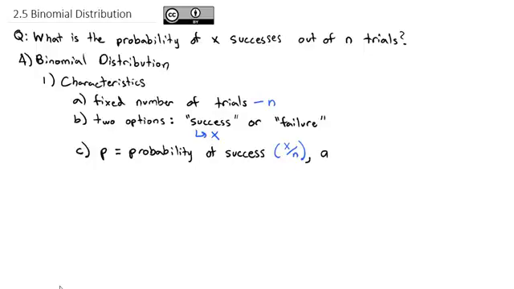Then we also have this letter q, which is the probability of failure, the opposite. And since there's only two options, success and failure, we can quickly calculate q to be equal to 1 minus the probability of a success. It's the complement.